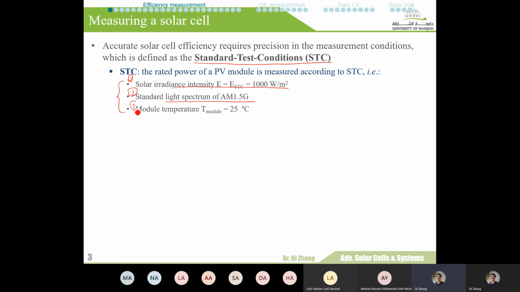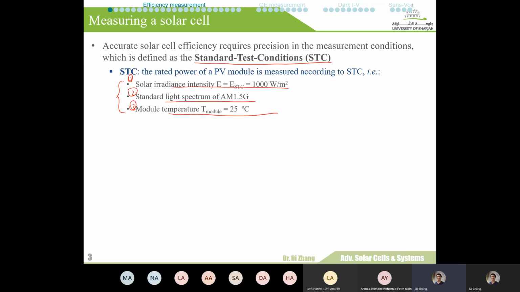The last requirement is that the PV temperature, or the module temperature, should be 25 Celsius constant. It seems to be a very simple set of requirements, given that we have only 3 requirements here. But in practical measurements, it's actually not that easy to achieve these 3 requirements.